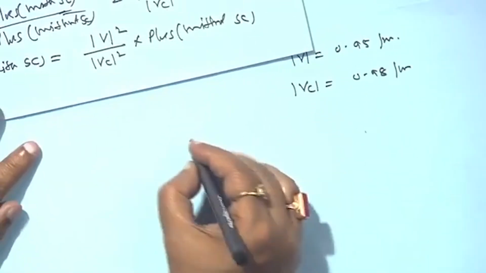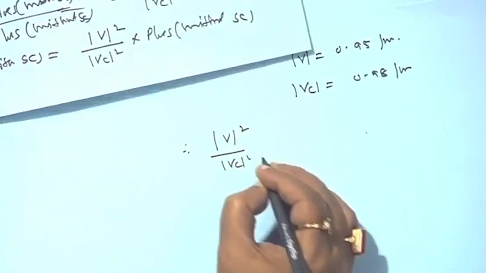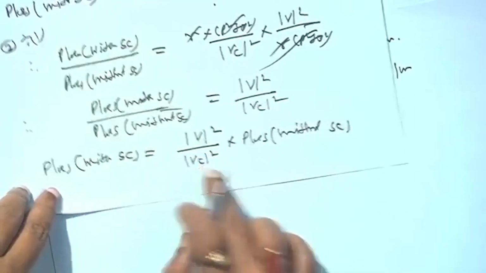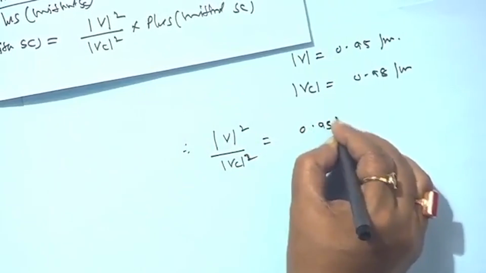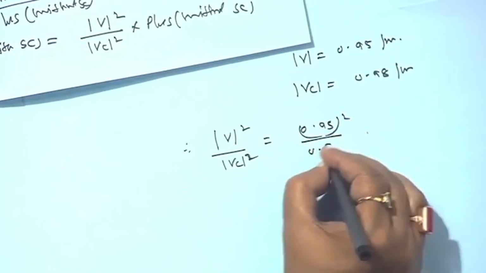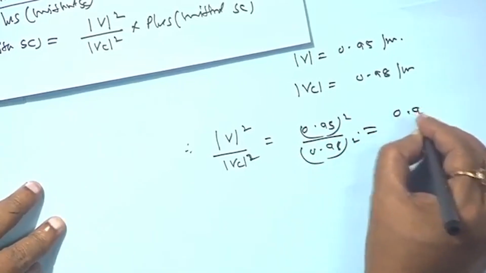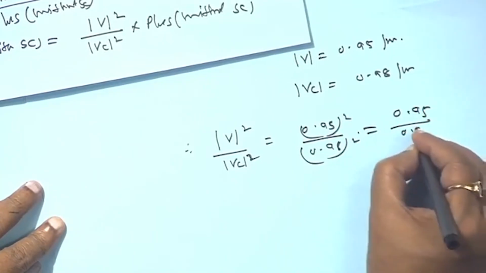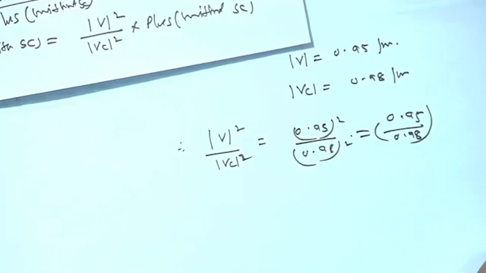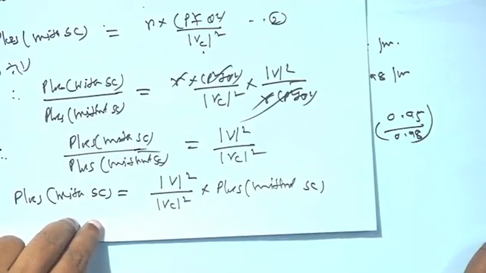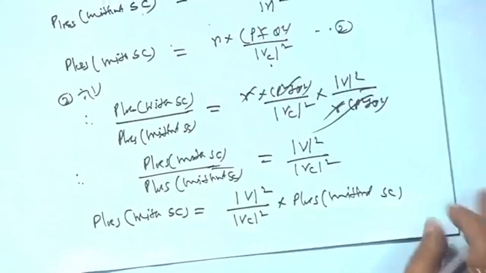right. That means your V square upon Vc square, from this equation, will be 0.95 square divided by 0.98 square, right. So, that is 0.95 by 0.98. That is your P loss with series capacitor and P loss without series capacitor.